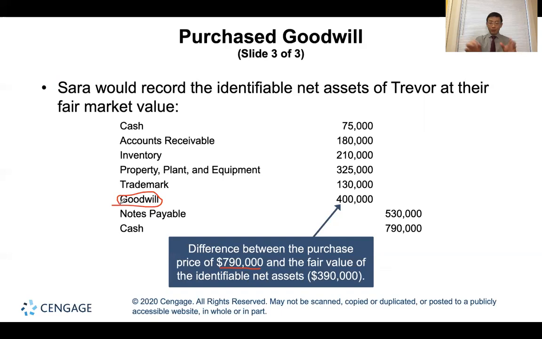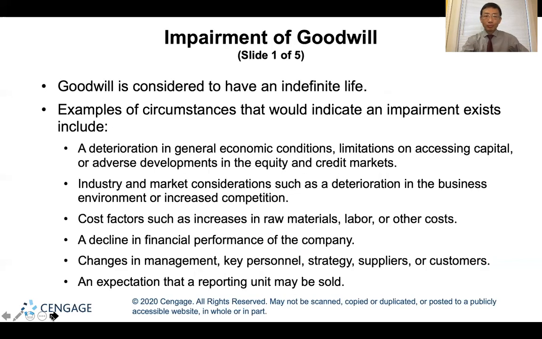The amount is calculated as the price minus the fair value of the whole company. Okay, that's easy.